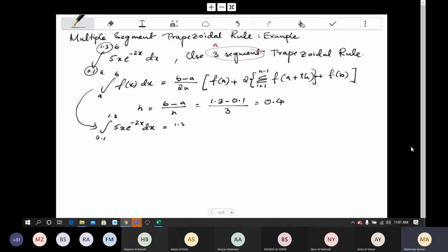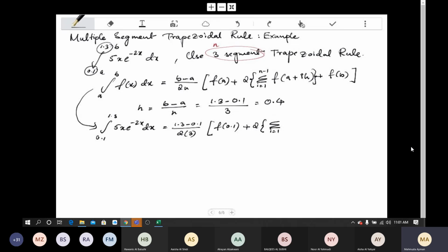So we have 1.3 minus 0.1 divided by 2 times n, two times 3, and then we have here f of a, which is f of 0.1, plus 2 times the summation of I is equal to 1 till n minus 1.